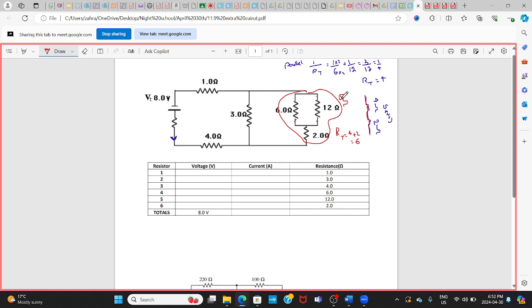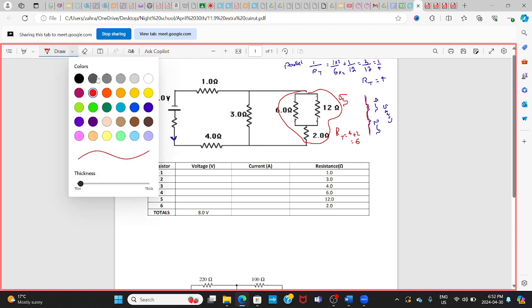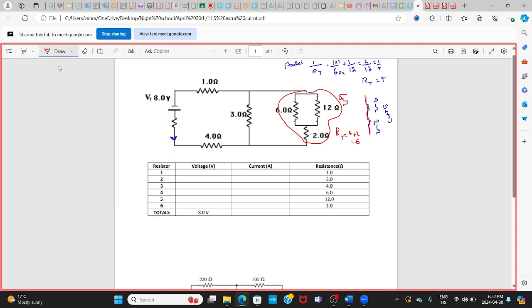Now I need to see this 6 ohm and this 3 ohm here. Are they in parallel or in series, connecting to each other? Can anyone tell me? The whole thing here is connected to the 3 ohm, right? I want to see if this is a parallel connection or series connection.